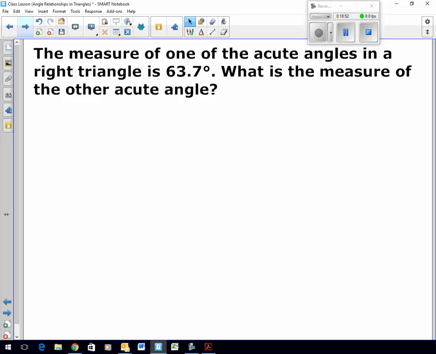Yes, they are. What word do we say that describes those angles that are smaller than 90 and have a sum of 90? Complementary. Complementary, right? Guys, all you got to do to figure this problem out is simple subtraction. It's a right triangle. So the non-right angles are complementary. 90 minus 63.7 will always give you your answer.